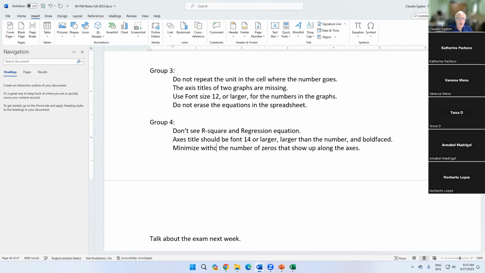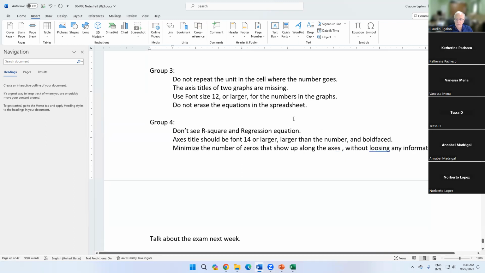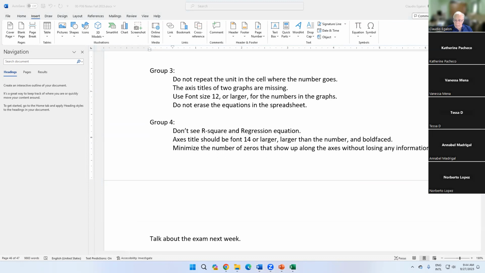Minimize the number of zeros without losing any information, right? Would be like that. What else did I pick up there?